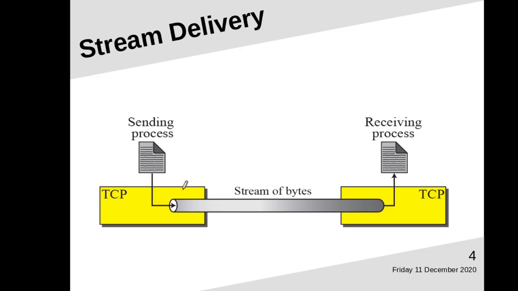So it creates an environment in which the two processes seem to be connected by an imaginary tube. So data is being transmitted from here and being received here, process to process. So this is how data can be delivered as a stream.